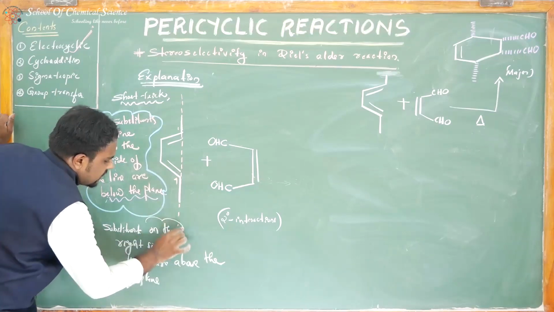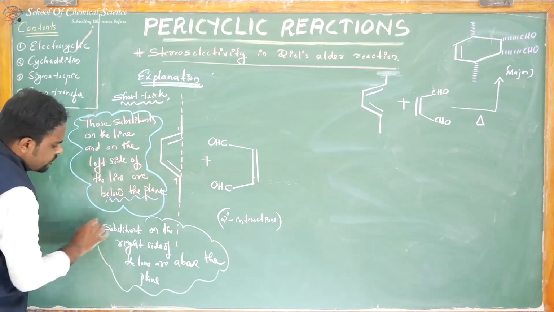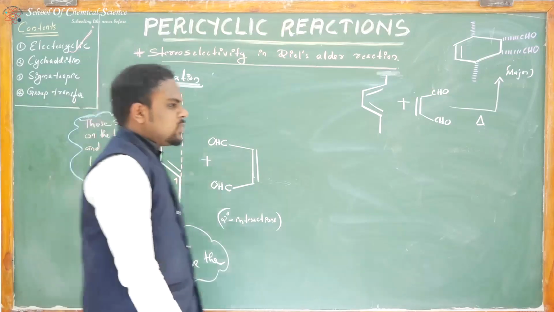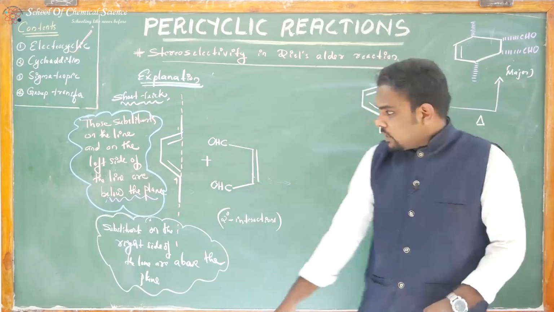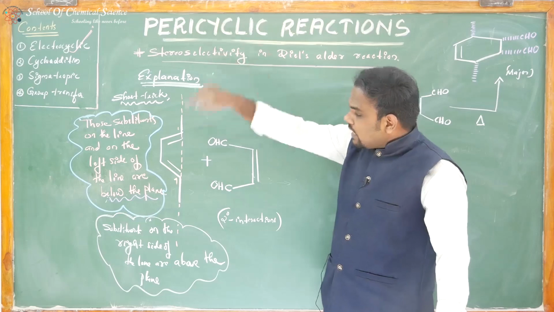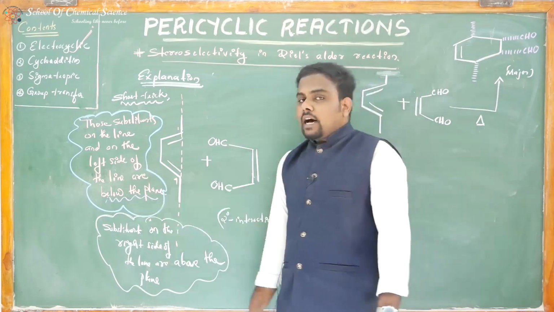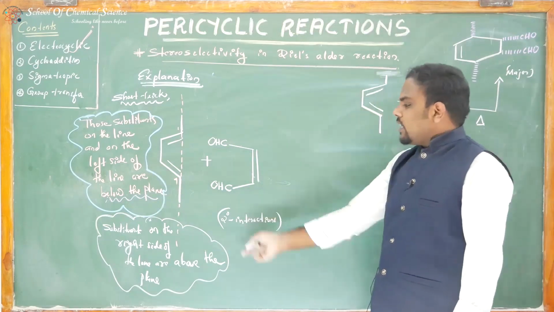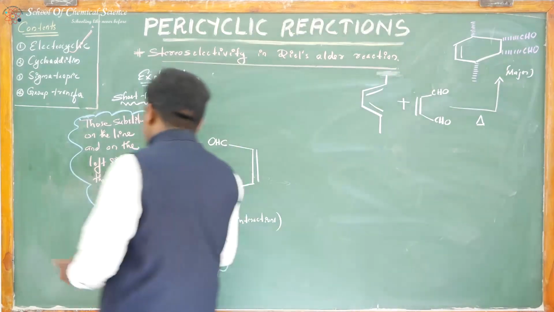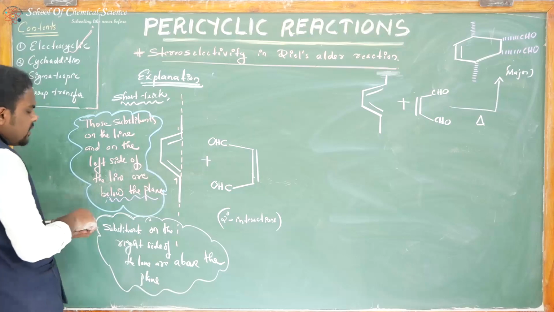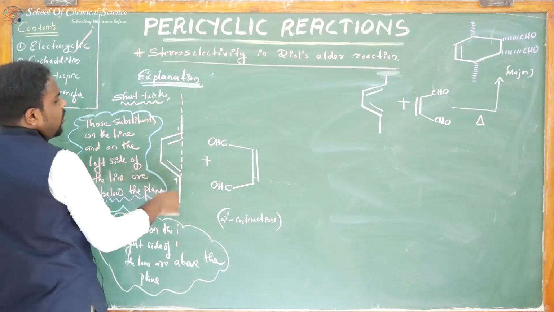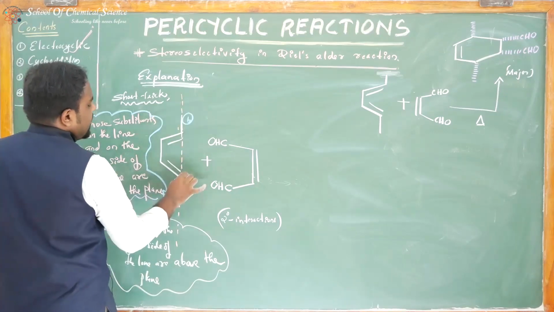This is the second tip. Most important: substituents on the line or on the left side of the line are below the plane, and on the right side of the line are above the plane. Here these two substituents are on the line, so below the plane.